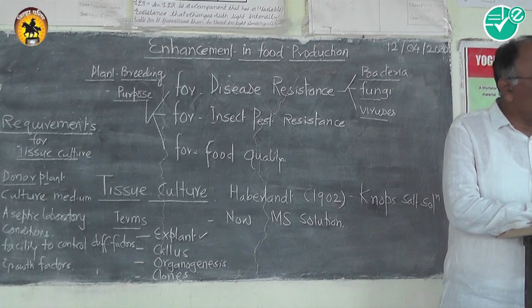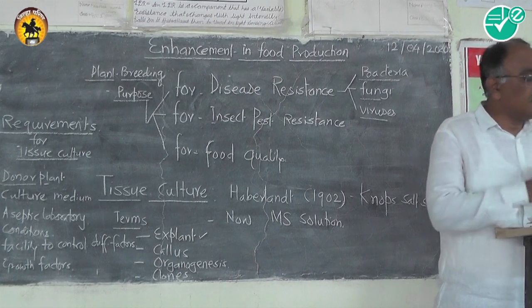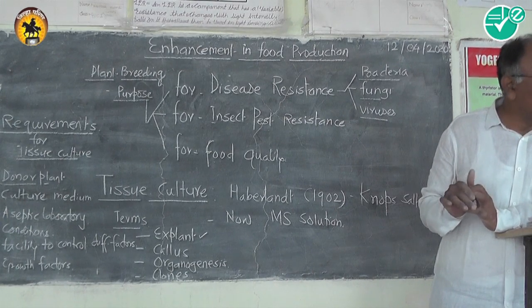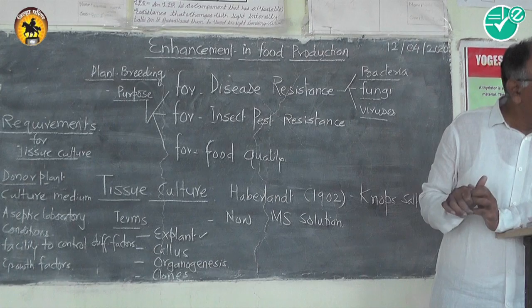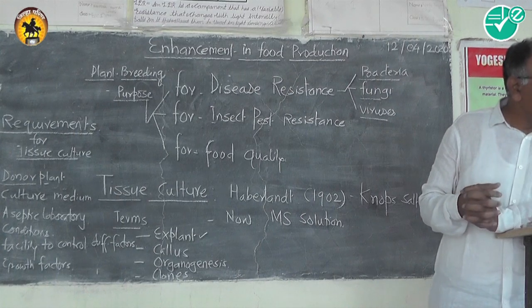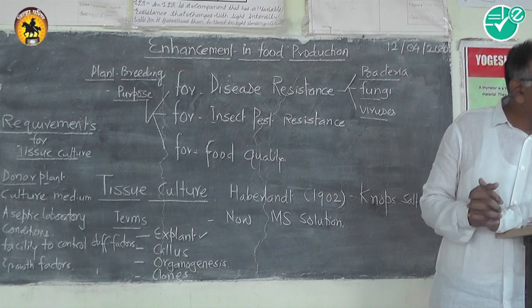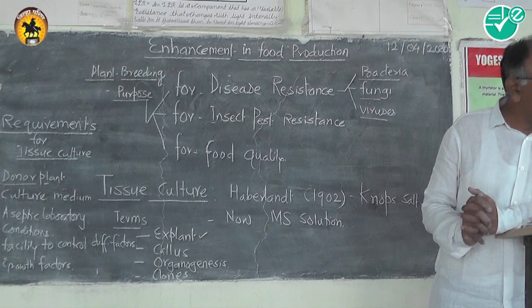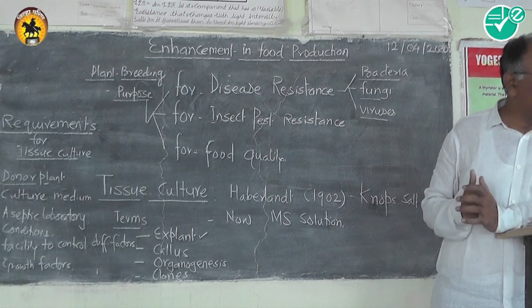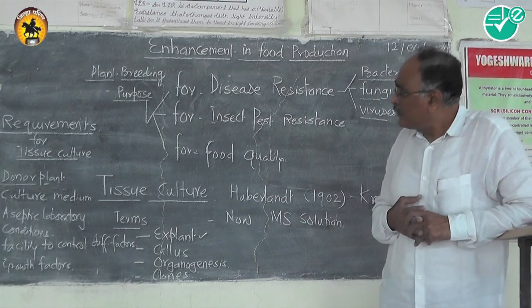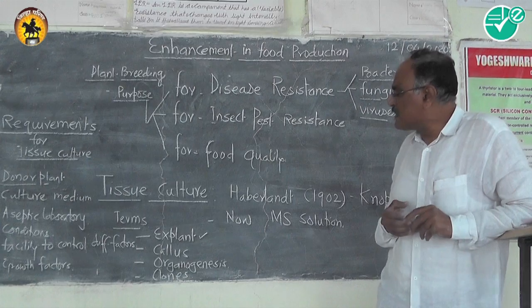It is easier to use for subculturing, for callus and suspension culture. We can achieve cell biomass production, biochemical isolation, regeneration of new plantlets, formation of transgenic plants, and protoplast culture. This is what the tissue culture technique is.